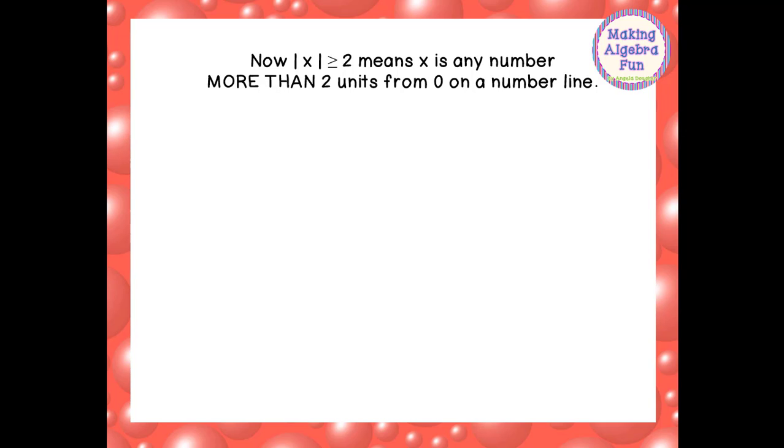Now I want to do a greater than one, and this time I'm including the or equal to option. So we have the absolute value of x is greater than or equal to 2. And that means any number more than 2 units from 0 or equal to 2 units from 0. So to consider equal, we close that circle in, and more than would be anything greater than or anything farther than 2, so to the right.